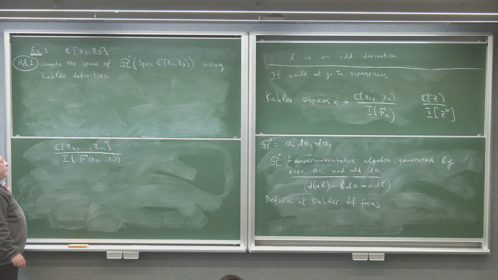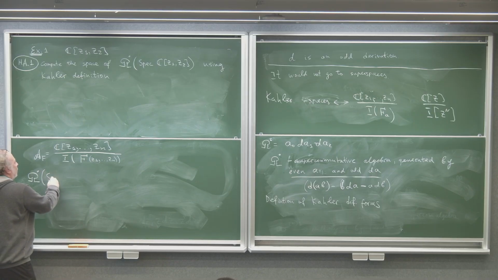Let me call it A_f. How to describe differential forms on Spec A_f?